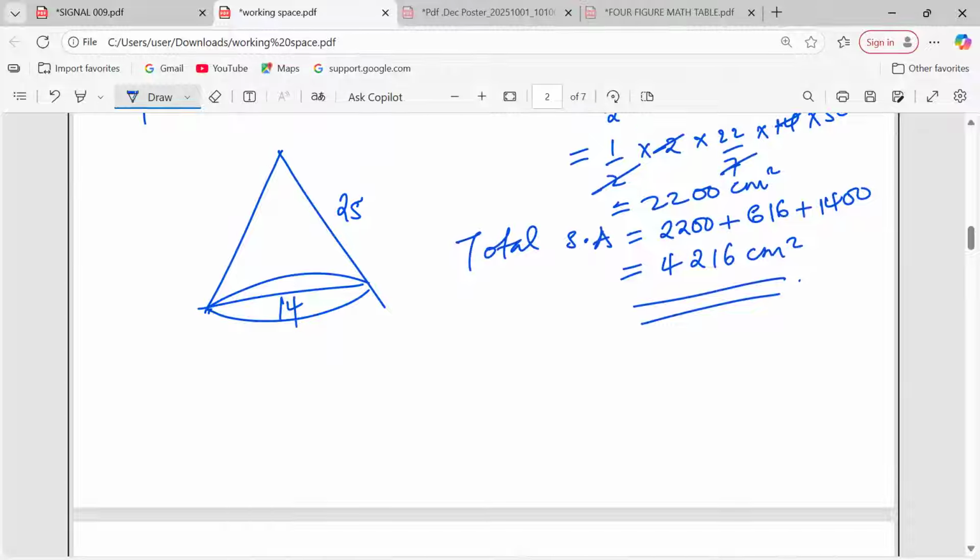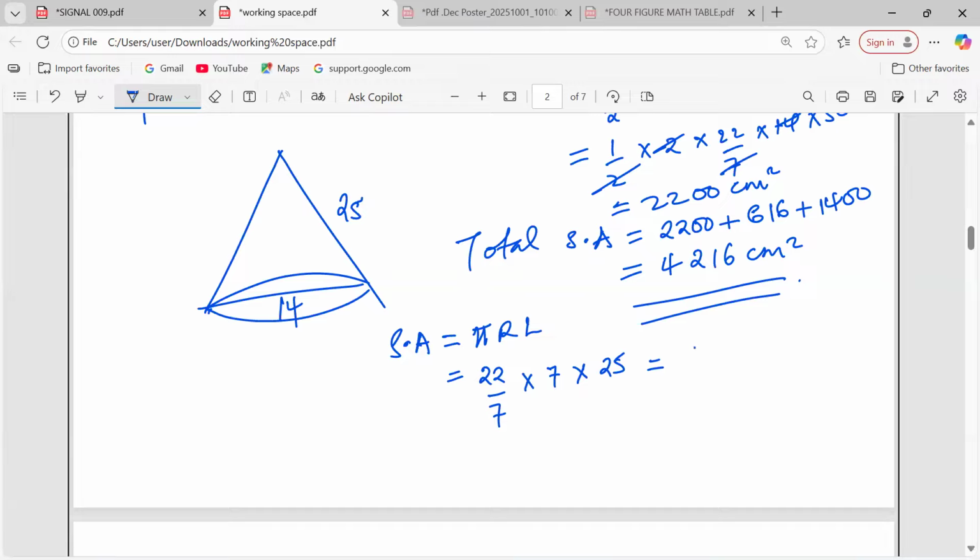For the curved surface area, we need pi r L. The pi has been given as 22/7 according to the question, but remember my instruction about NEC. So I'll be multiplying 22/7 multiplied by 7 multiplied by the slant height of 25, giving us exactly 550.